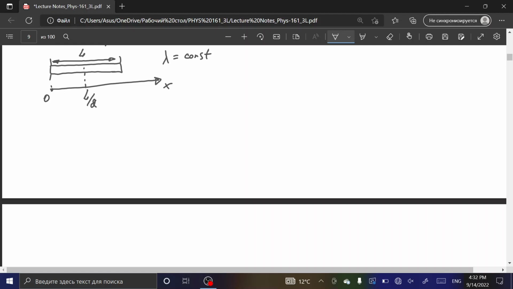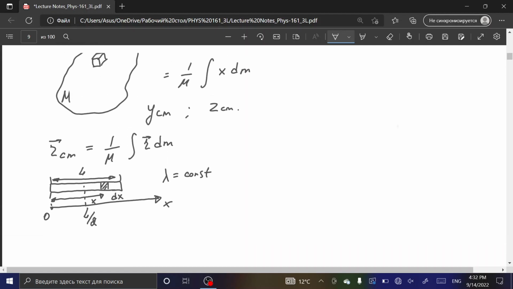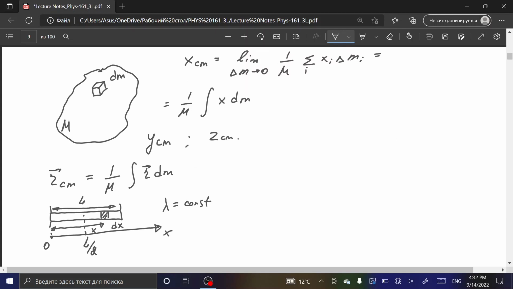So how do we approach this? We need to divide this rod into small elements with length dx and position x. Now let us recall the equation for the position of the center of mass along axis x.